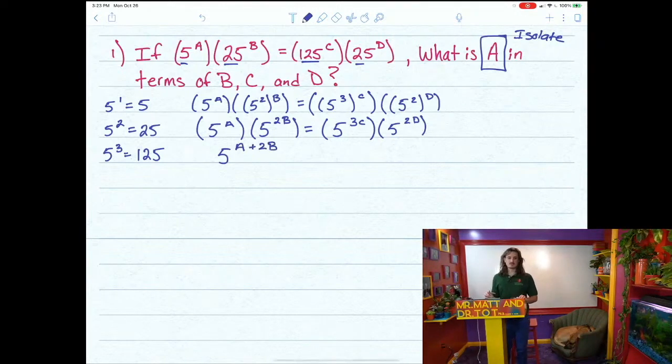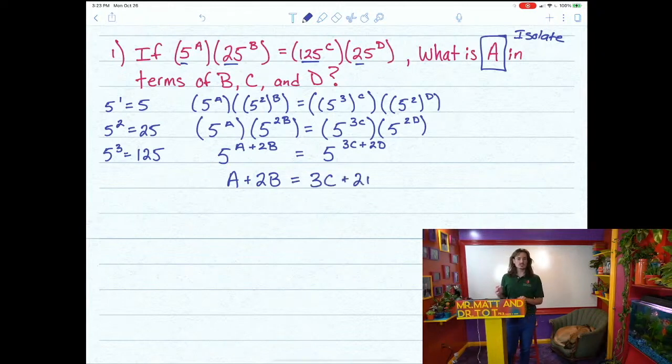And 5 raised to the 3c power times 5 raised to the 2d power is going to be equal to, keep the base 5, add the exponents, 3c plus 2d. Now we have common bases on opposite sides of an equal sign. So we can drop the bases and equate the exponents. So we know that a plus 2b has to be equal to 3c plus 2d.